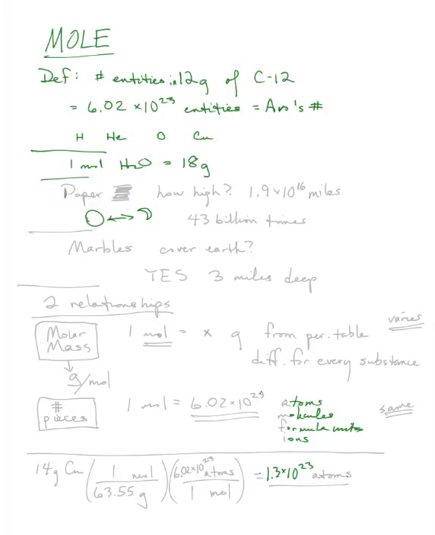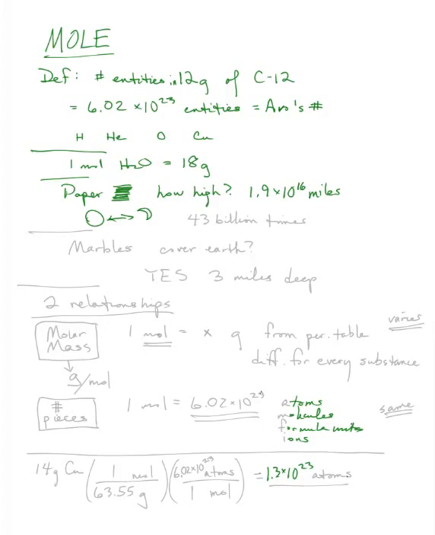So let's compare that with a stack of paper. We're going to take some paper and stack it, stack it, stack it. If we had Avogadro's number of pieces of paper, how high would that be? If we do some calculations based on a ream of paper being about 2 inches tall, we would find out that our stack of paper would be 1.9 times 10 to the 16 miles.